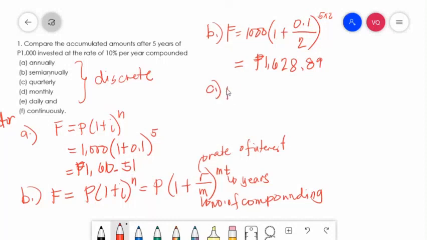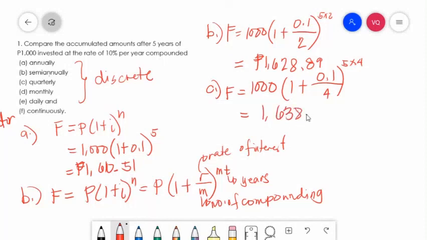Letter C, F is equal to 1,000 multiplied by (1 plus 0.1, and quarterly, so divided by 4) raised to 5 times 4. So equal to 1,638.62 pesos.